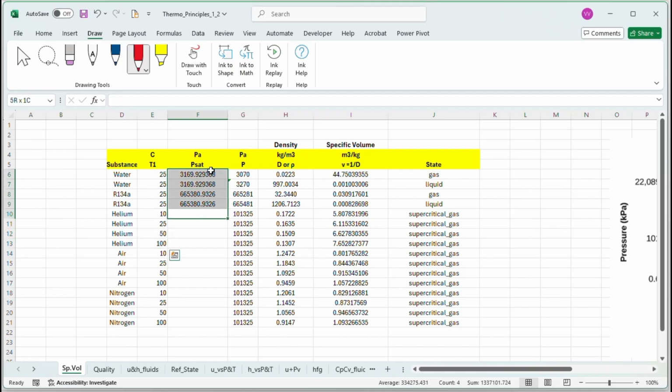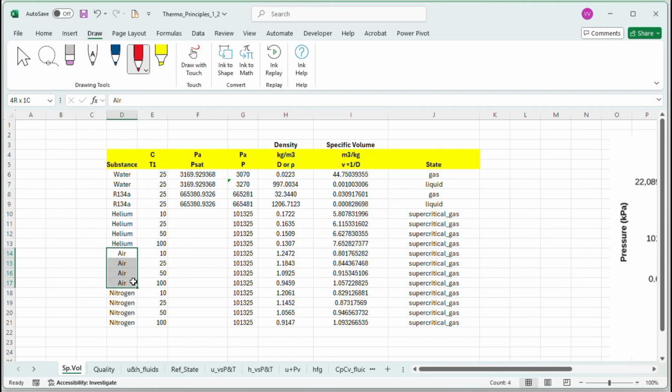Here we are not looking at a saturation pressure. Here we have to provide two things: the temperature and the pressure, not the saturation pressure, but the pressure at which the gas is. So if you assume they are at atmospheric pressure, these are the specific volumes, right?